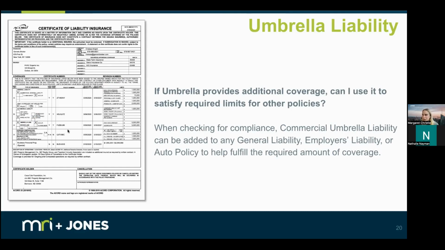Now, obviously they do not. It's $1 million on this general aggregate, but you could say that this vendor was in compliance with your requirement because they have an additional $500,000 of umbrella liability. You can also add that to the limits in this box below for workers' compensation and employer's liability, as well as for automobile liability.